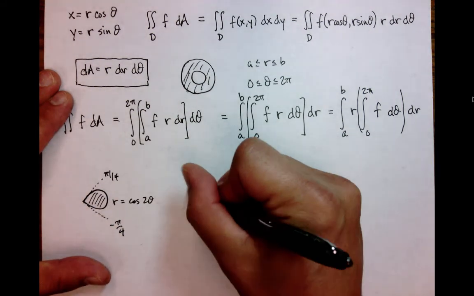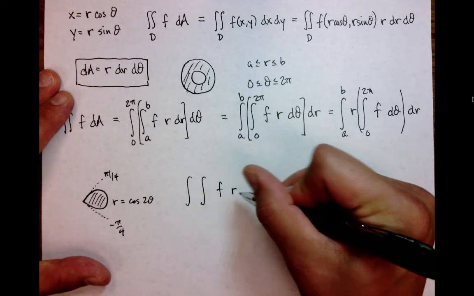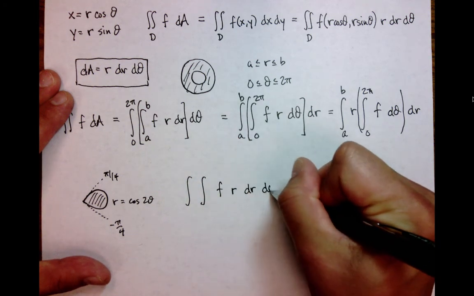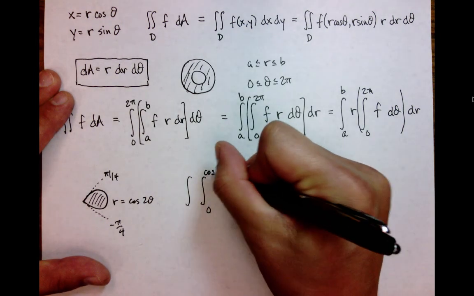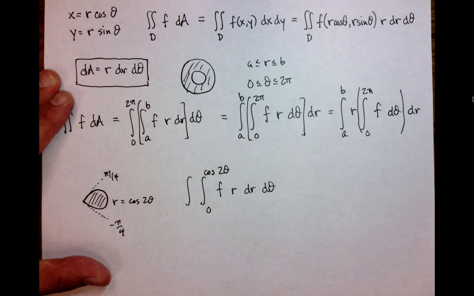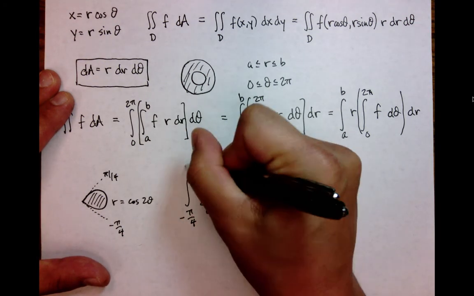So then we would write this integral f r dr d theta, r going from 0 to the cosine of 2 theta, theta going from minus pi over 4 to pi over 4.